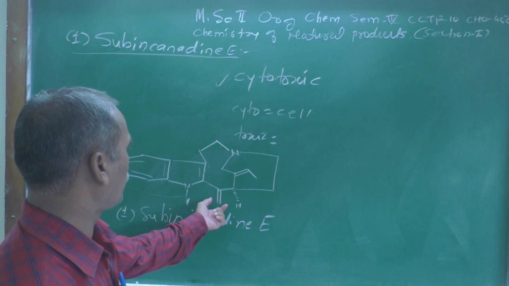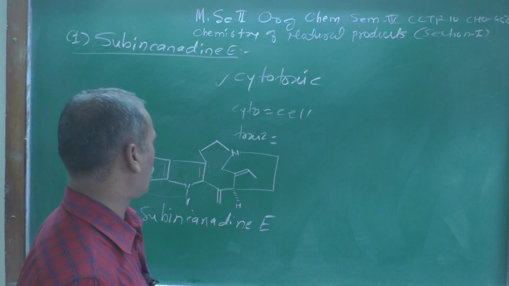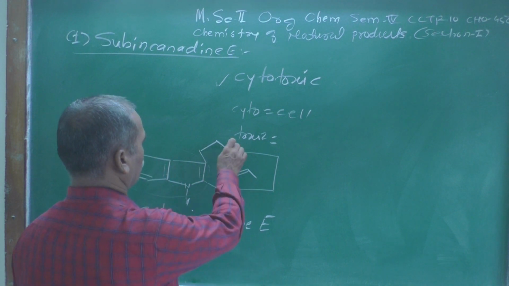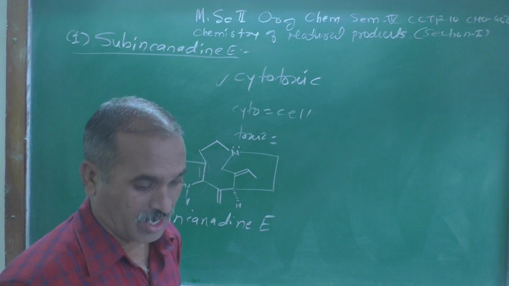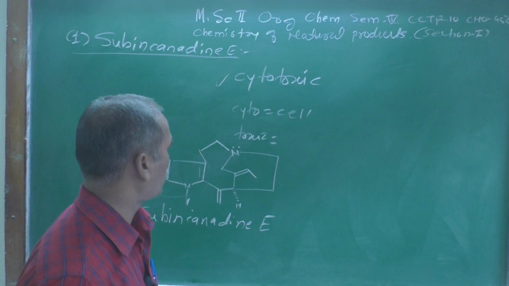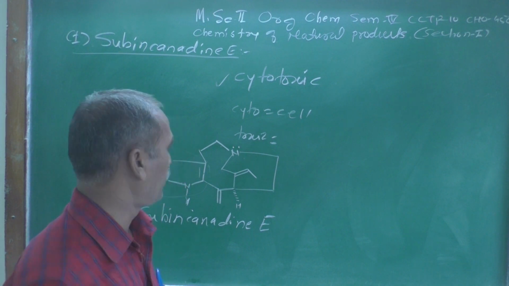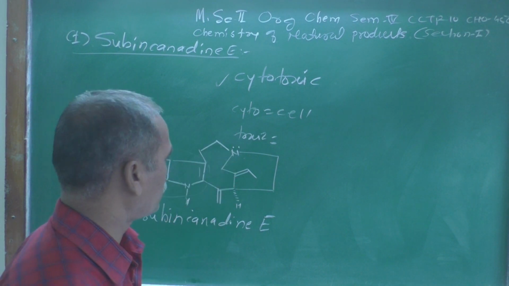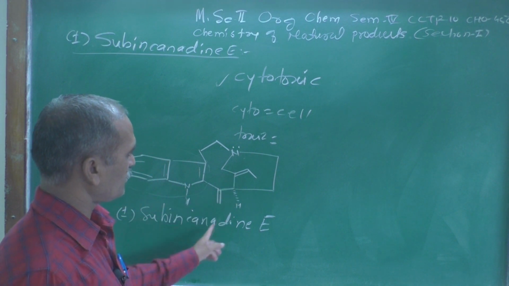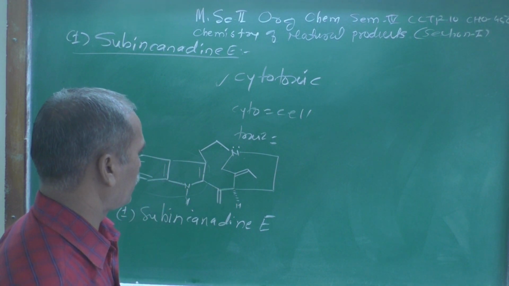Look here, a carbon carbon double bond, here also a carbon carbon double bond. The nitrogen can act as a base, right? Because a tertiary amine is also one of the functional groups present over here. And now see, the olefinic carbon carbon double bond.